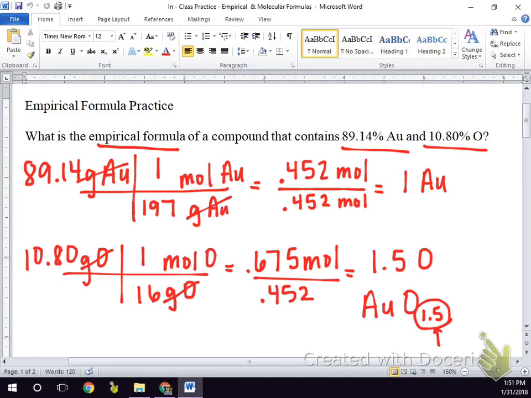So to get 1.5 to a whole number, we have to multiply by 2. And if we do it for oxygen, we have to do it for gold as well. Okay? Because the ratio is 1.5 to 1. So what we're going to do is take this whole compound multiplied by 2, and we get Au2O3.